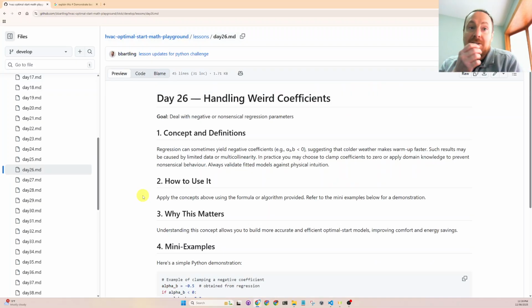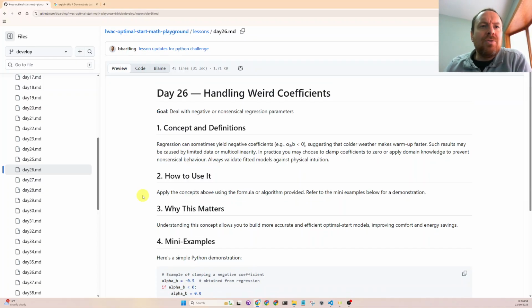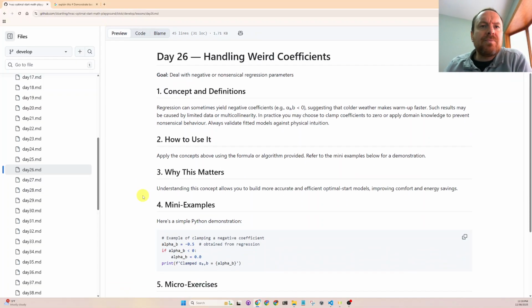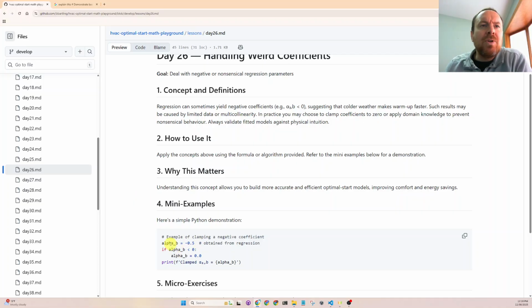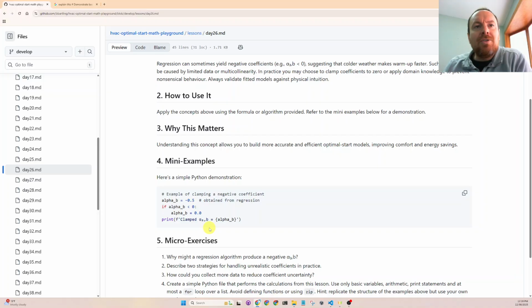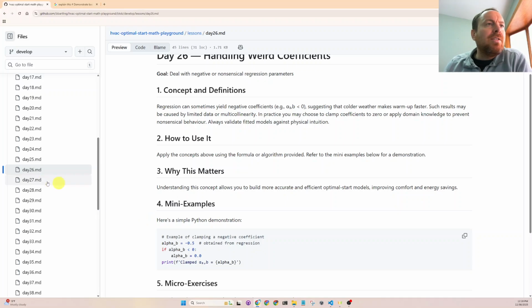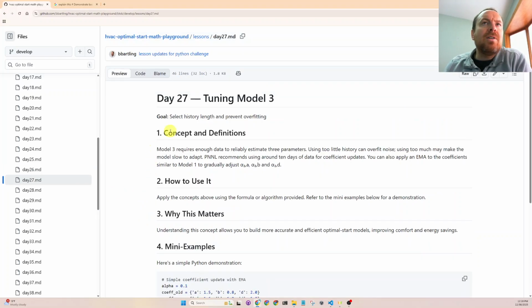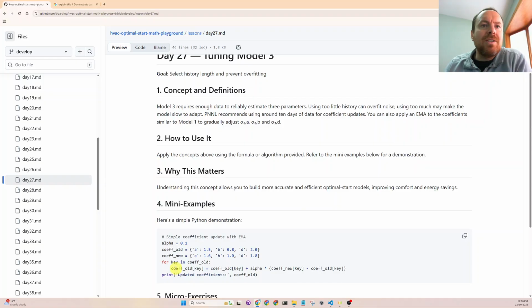Let's see what day 26 is. So it looks like next we get into one of these self-tuning algorithm runs, a self-tuning algebra equation, whatever you want to call it. I think we get into tuning the models and updating coefficients.